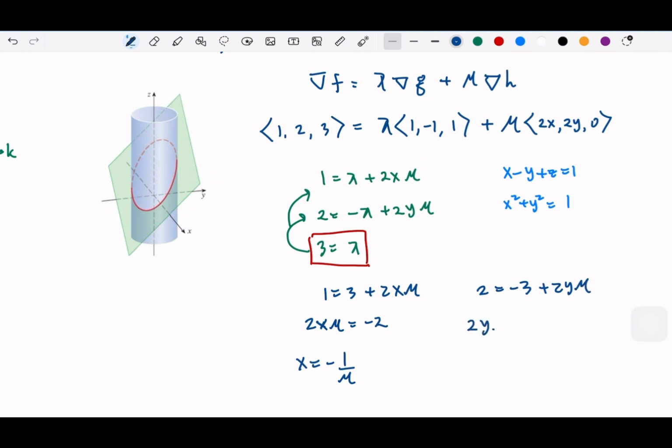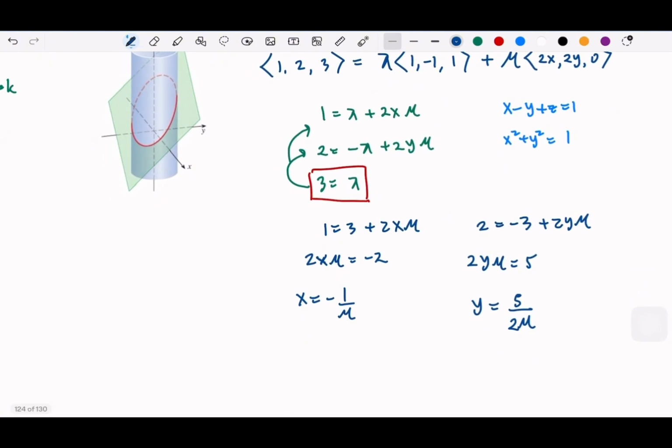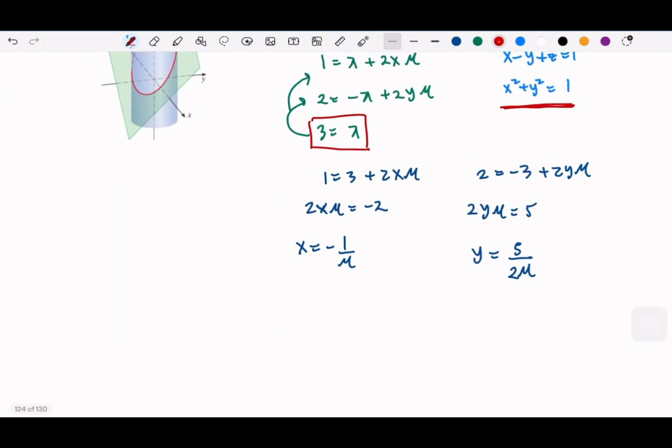So 2y mu is 5, or y is 5 over 2 mu. So we have these expressions. Notice that we have the constraint without any z variable. That means we can plug in this x and y and compute for mu.